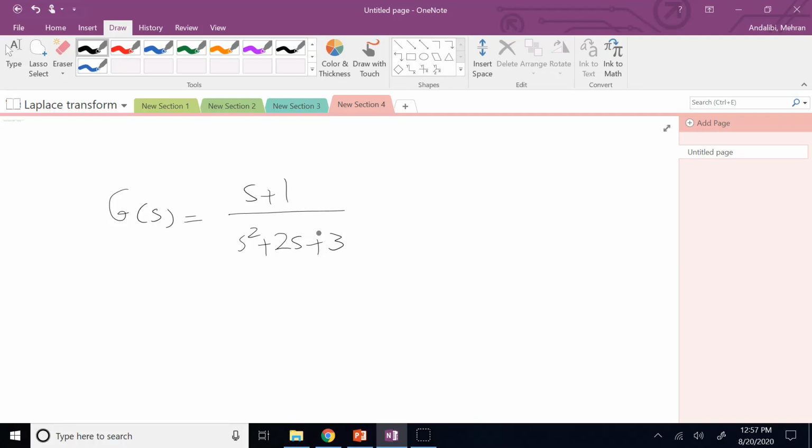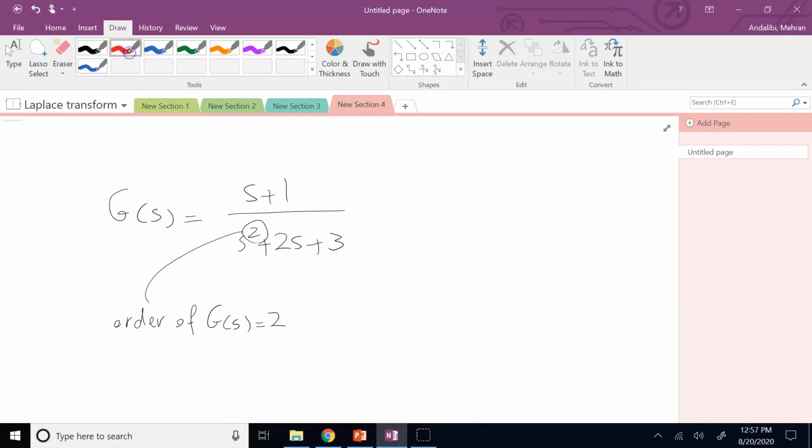Now, let's learn about several things. One is the order of the transfer function, which is the highest order of polynomial of the denominator. So this 2, the highest order of polynomial, is the order of the transfer function. We say order of G(s) is equal to 2.